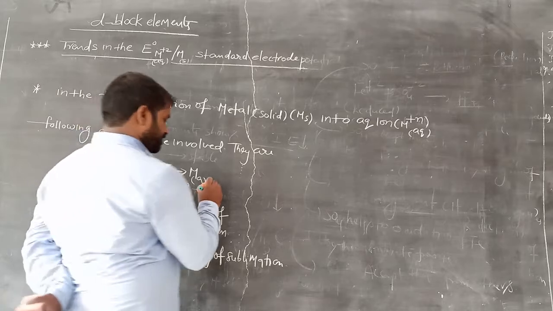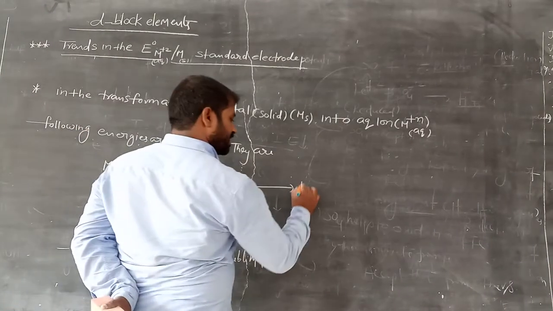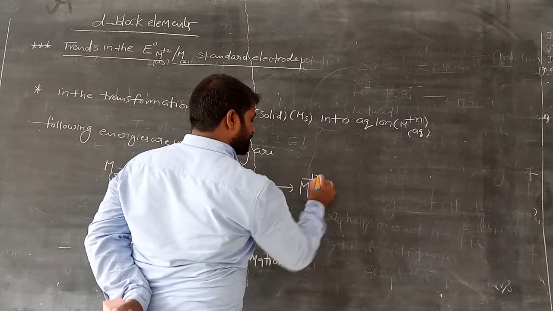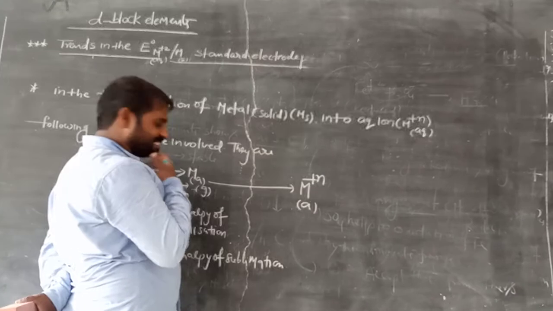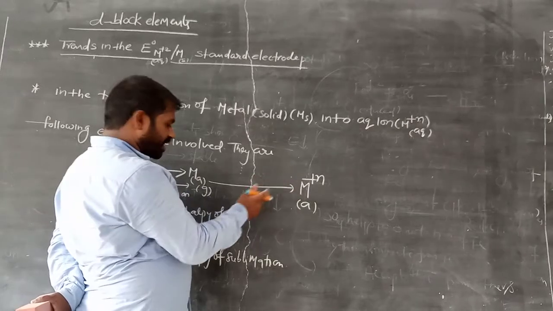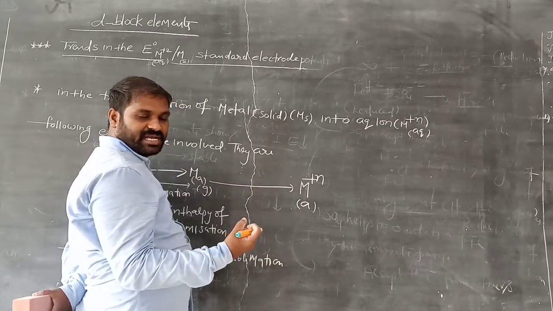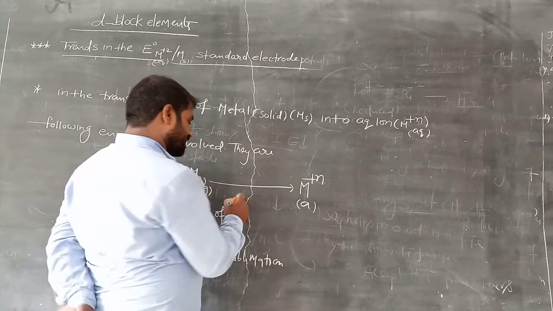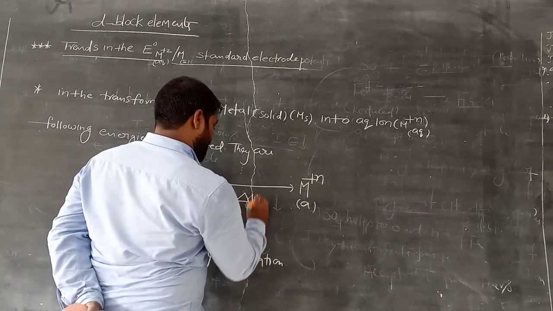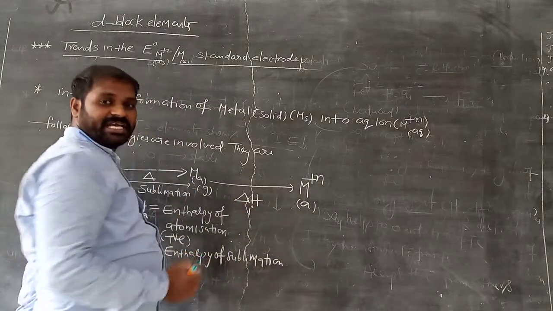After this, we remove electrons, n electrons, then it becomes M n plus in the gaseous state. To remove the electrons from the valence shell of this gaseous atom, we apply some energy. That energy is called ionization enthalpy, delta H i.